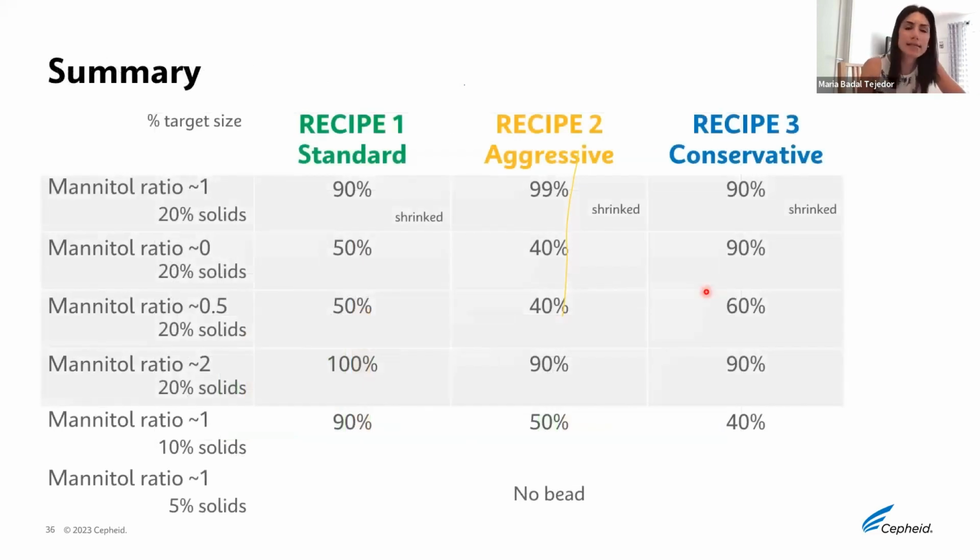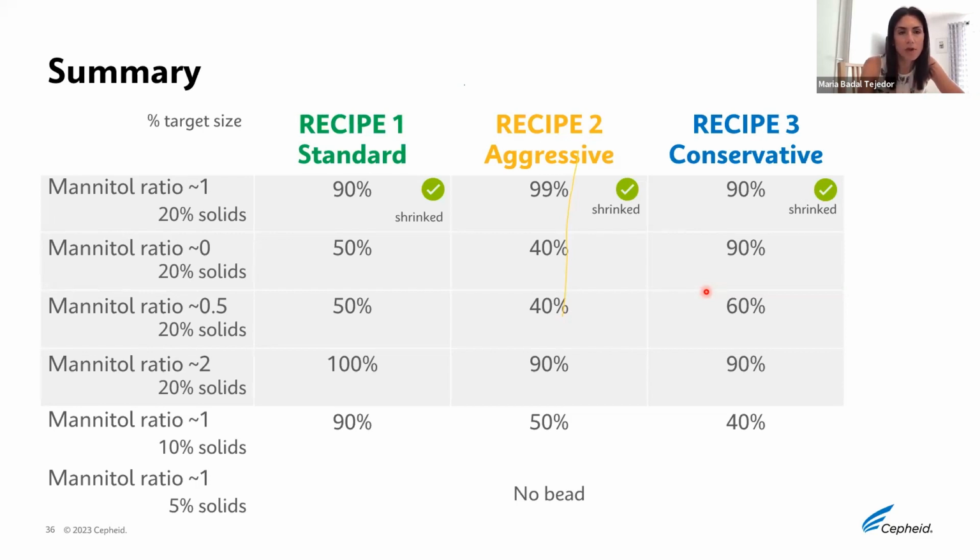So to summarize the results of the study, we can say that when the mannitol ratio is 1 and the solid content is 20%, all three cycles worked, even though the bead shrank a little bit, but perhaps this is because of the amount of mannitol.